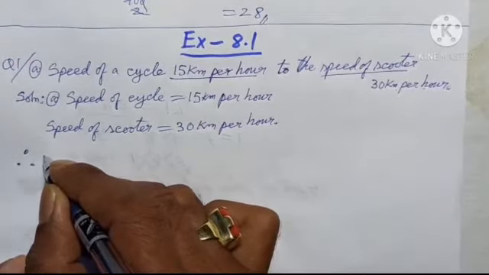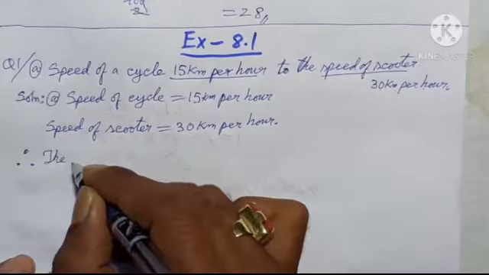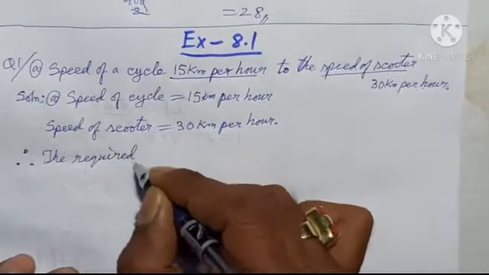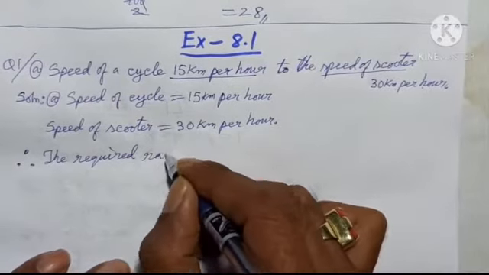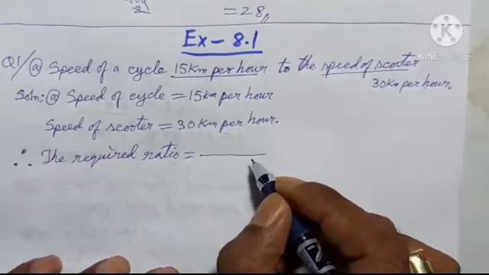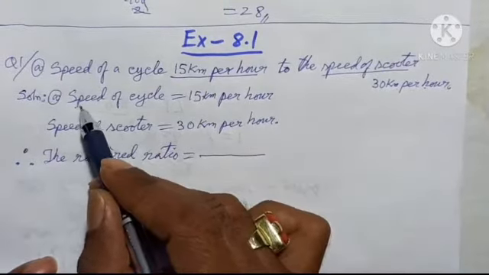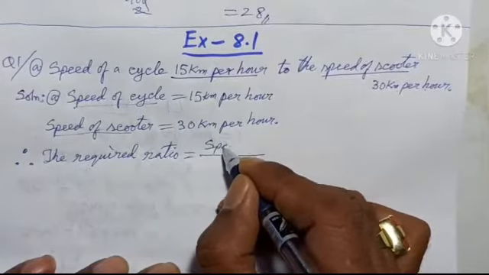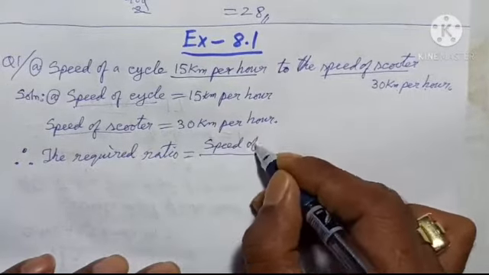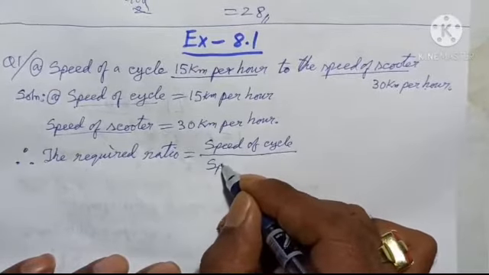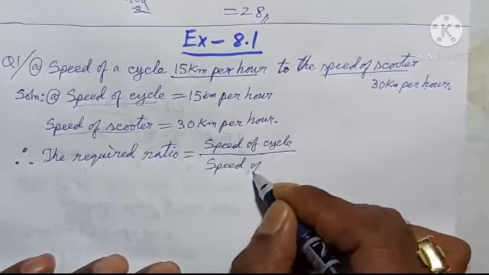Therefore, the required ratio is equal to, to find out the ratio, we have to divide speed of cycle by speed of scooter. Speed of cycle divided by speed of scooter.